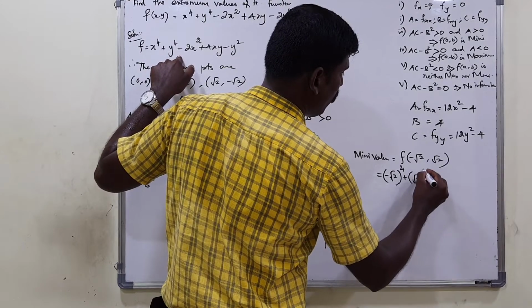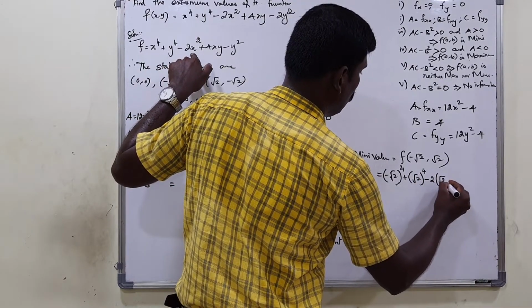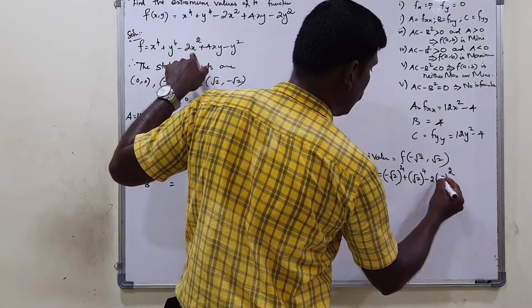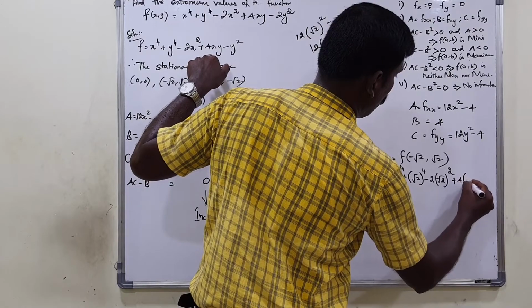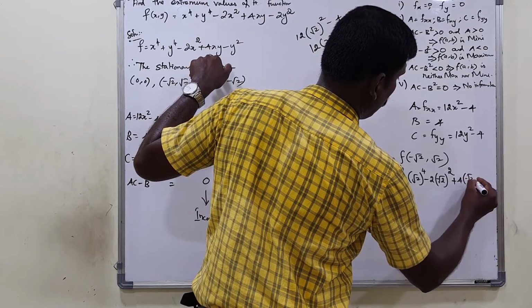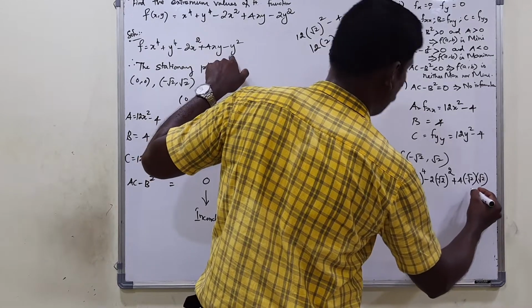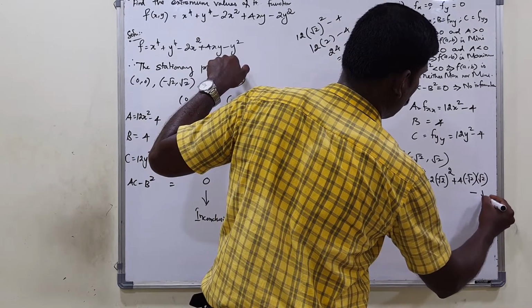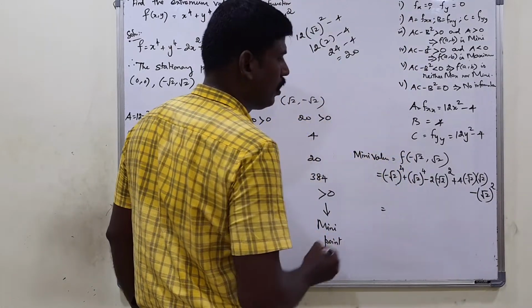Same, minus root 2 power 4. Minus 2 into root 2 square. Isn't it? Minus root 2 square. Next one plus 4 into minus root 2 into root 2. And then minus y square. Y is root 2. Root 2 square. That's all. So what you will get?